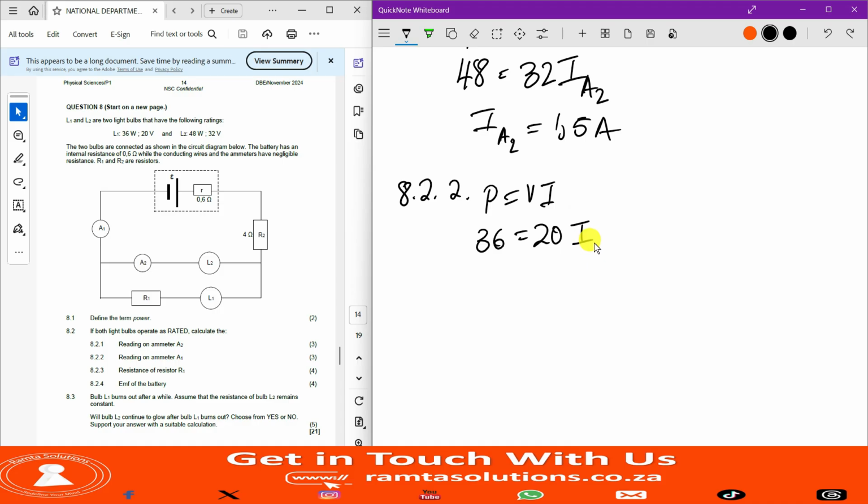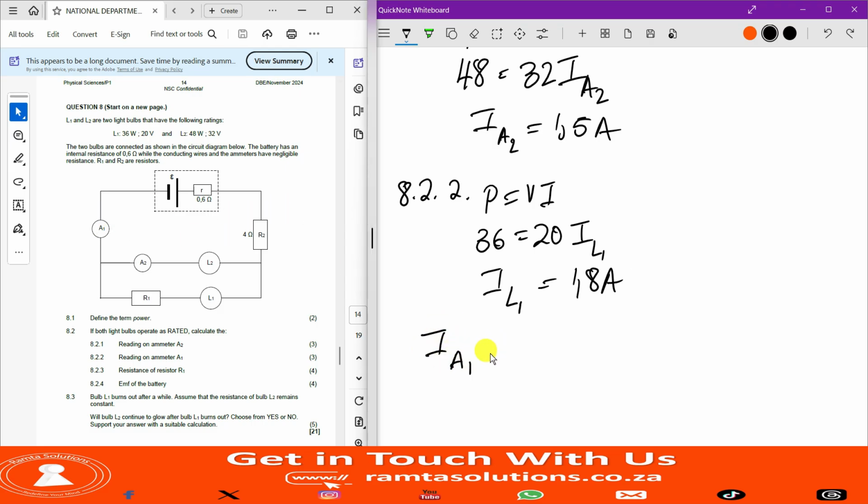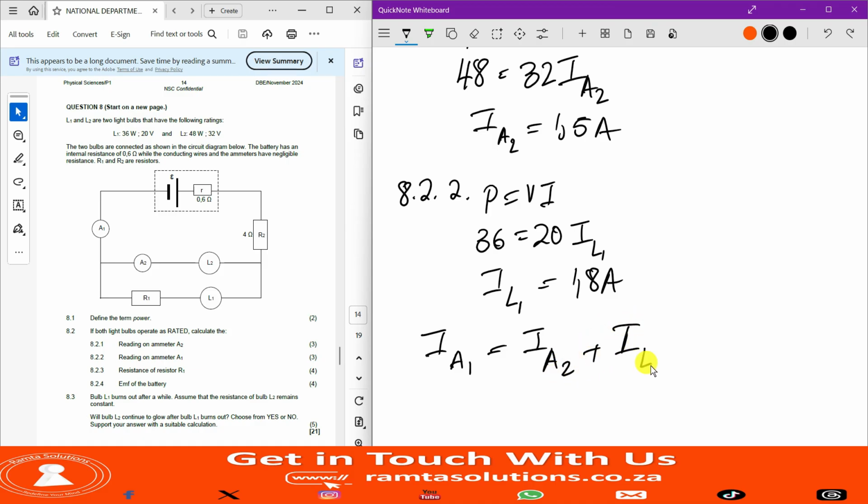I'm going to say IL1 for the current on L1. So 36 divided by 20 will be 1.8. Therefore, current on L1 is 1.8 amperes. Now, the current flowing at ammeter A1 will be equal to current flowing at ammeter A2 plus current flowing at L1.